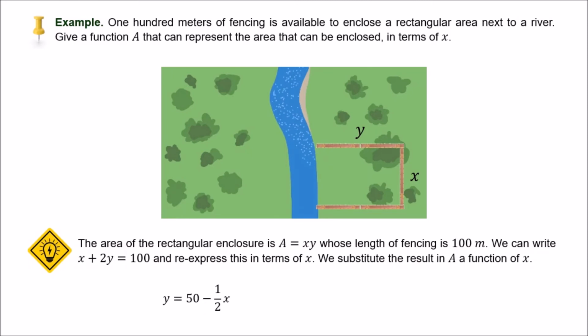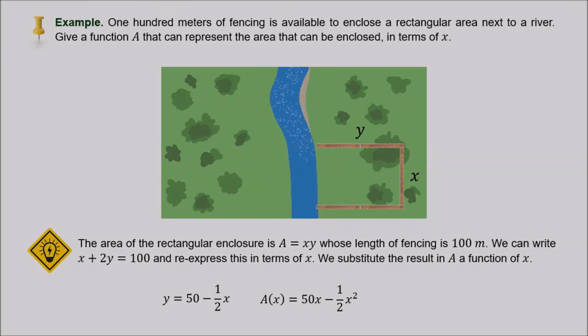Then we have y equals 50 minus 1 half x. We substitute this result in a function of x, giving us a of x equals x times 50 minus 1 half x. Distributing x, we have 50x minus 1 half x squared.